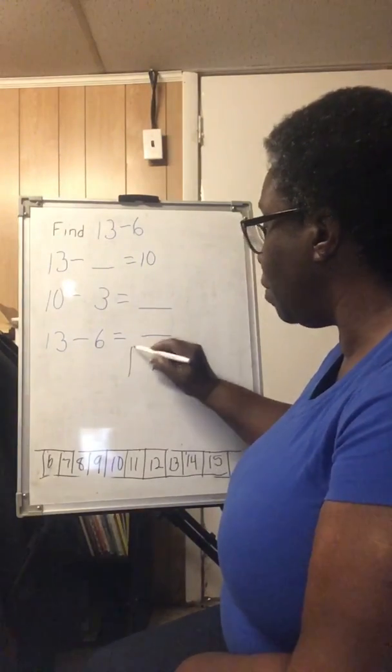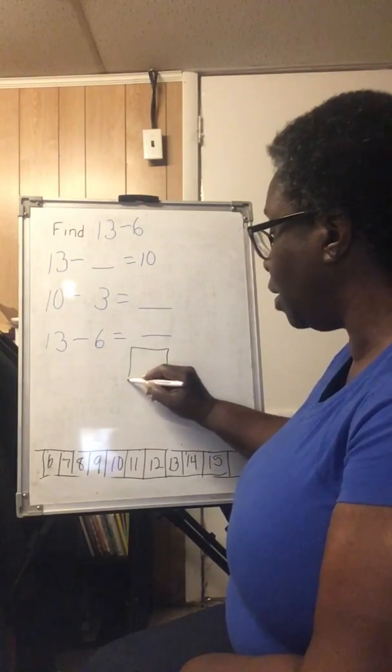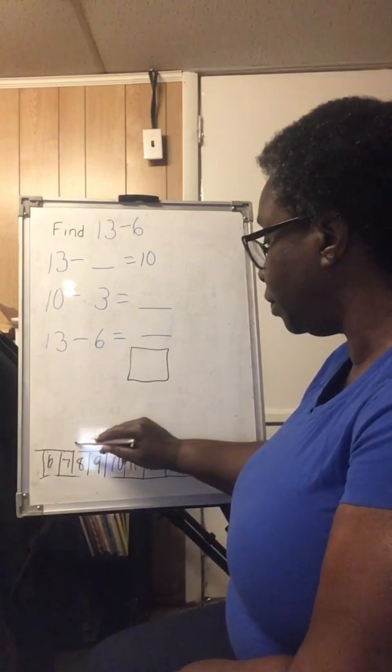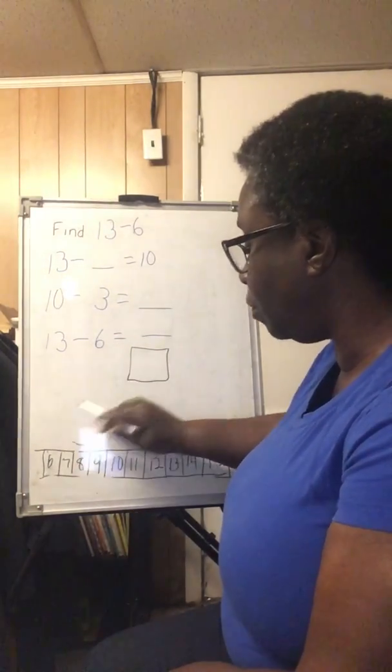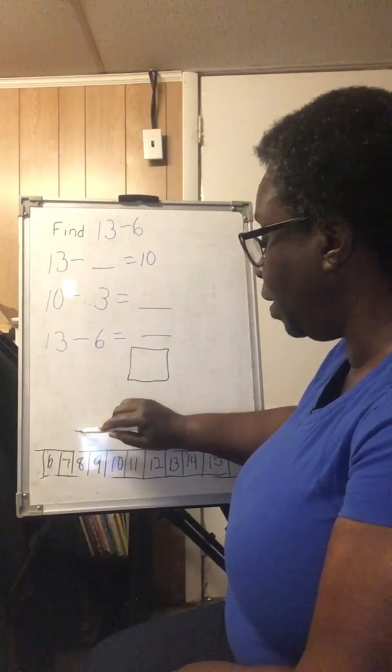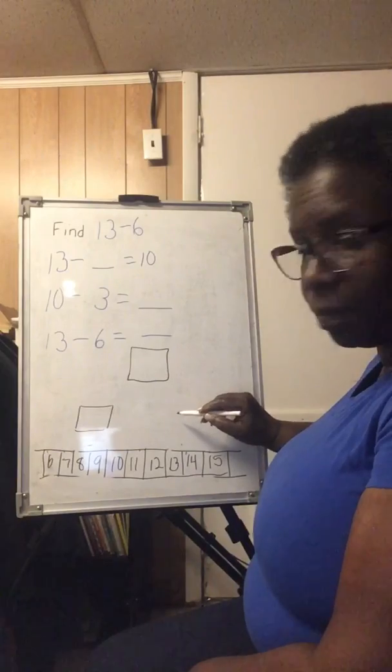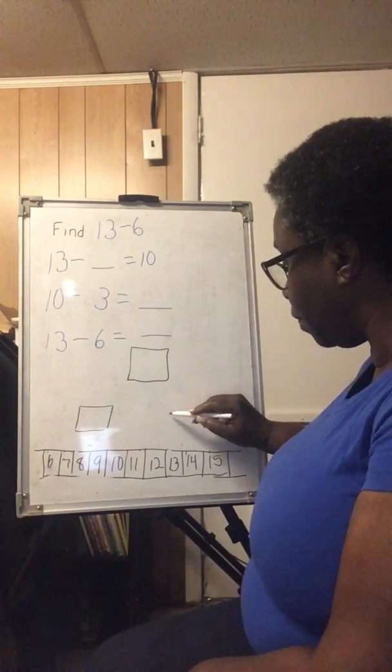Then they have their number bond. Okay, so we're making our number bond. Let's move this up. We have the big numbers and the big square and the small squares.